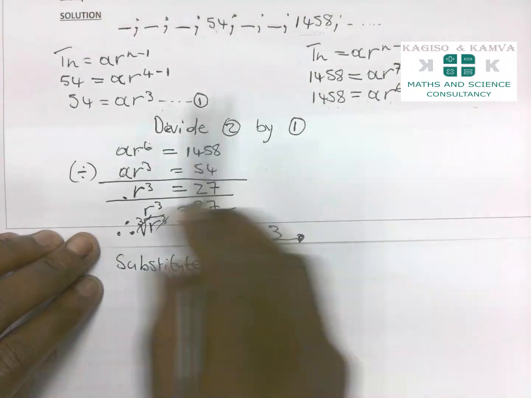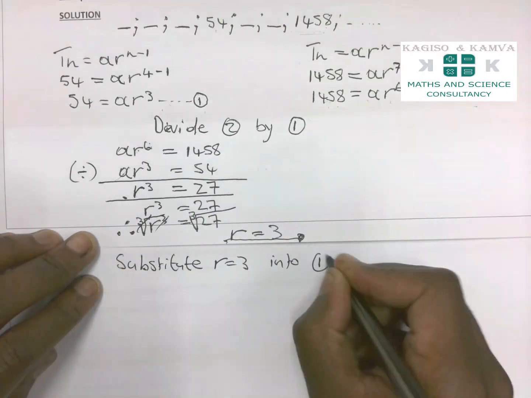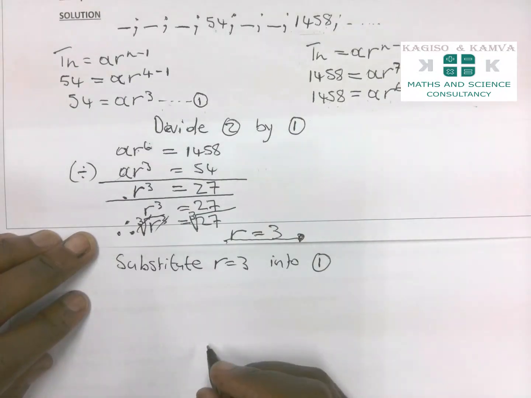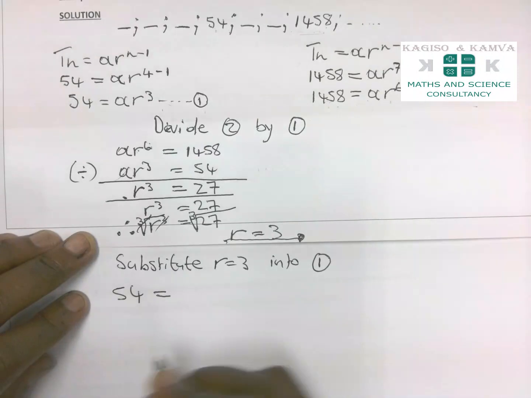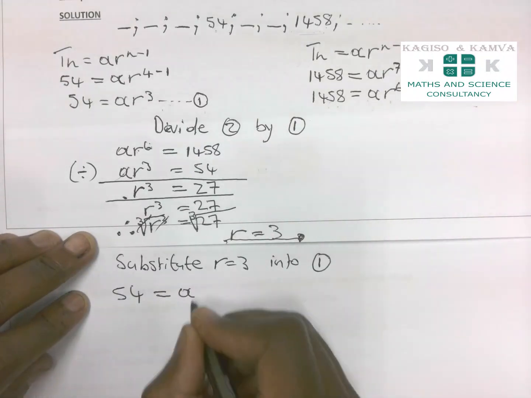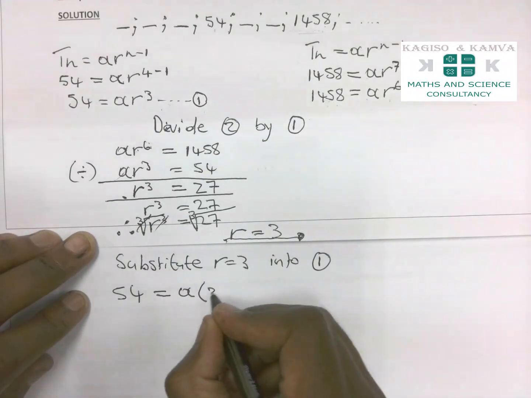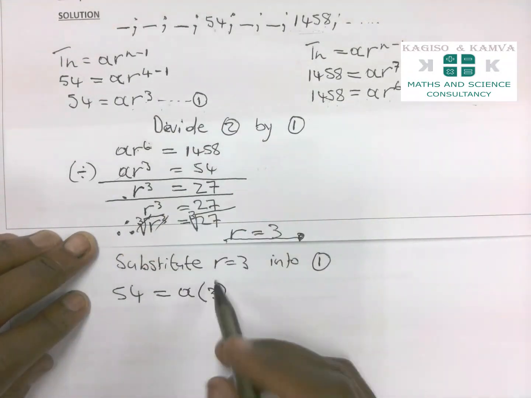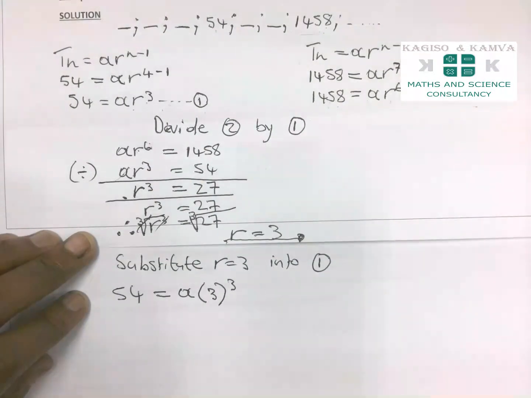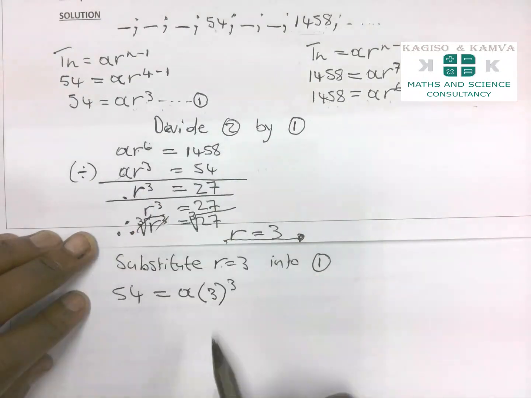Let us use equation 1. That will be 54 is equal to a times r to the exponent 3, where r is 3. I just substituted r there.